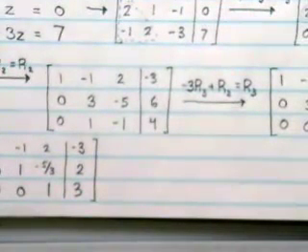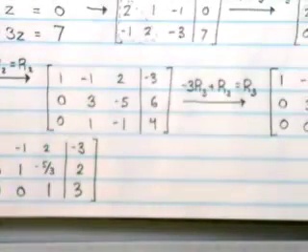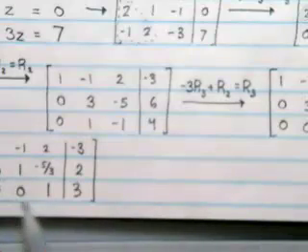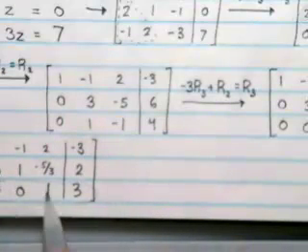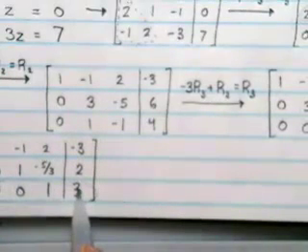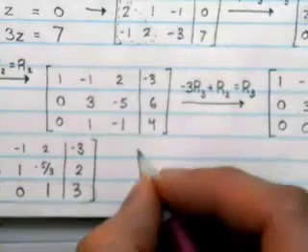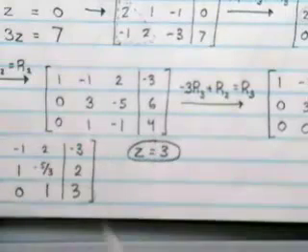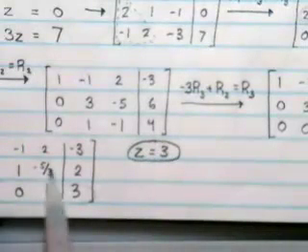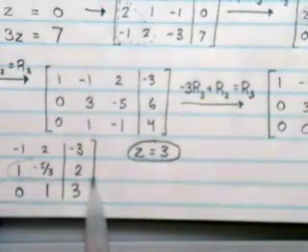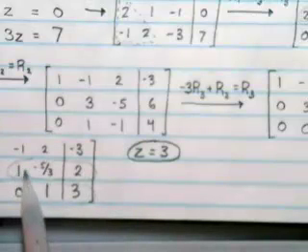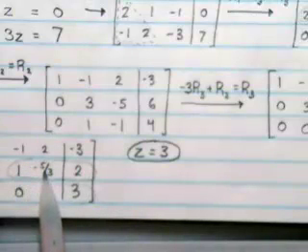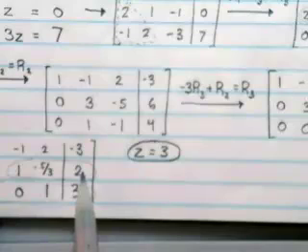So, just looking at that matrix then, what's z? 3, because this equation down here has been reduced all the way down to 1z equals 3, right? So, boom, got it. z is 3. Now, the equation right here is y plus negative 5/3 z equals 2.